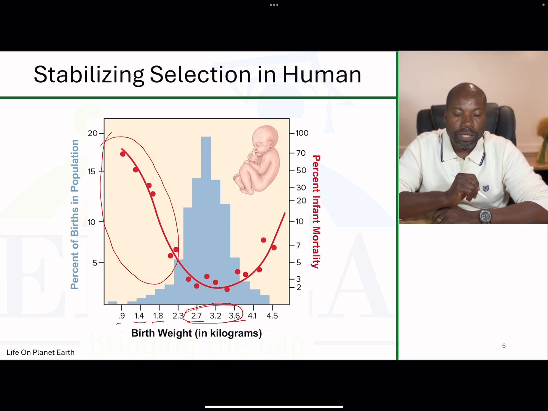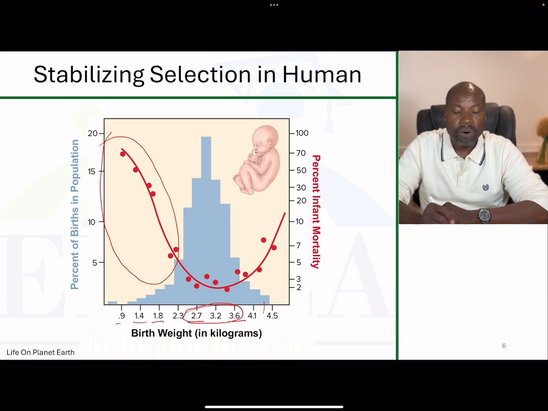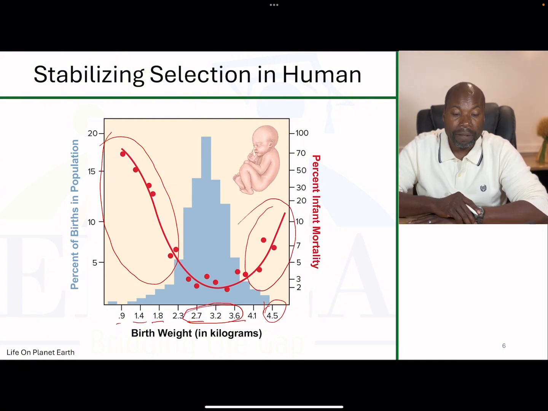By the same token, babies that are born heavier than 4.2-ish, right? 4.5, 5 kilograms, 6 kilograms, these babies are going to die, right?